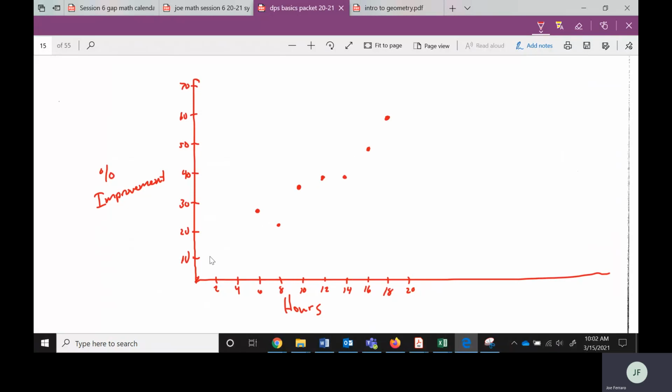Now this will be hard for me. Let me see if I can do this with some sort of straight edge here. Okay, now I want to go here. Nope, that's not good.